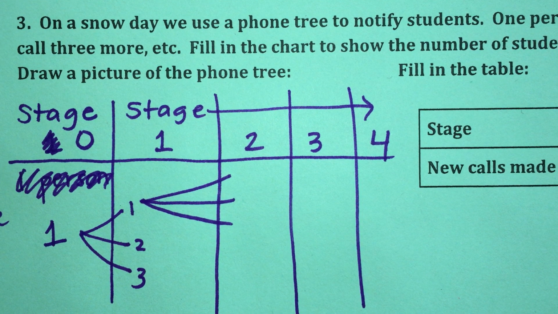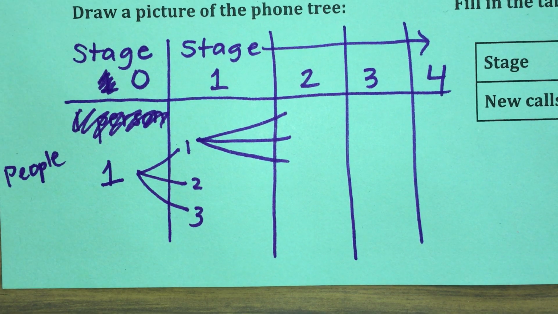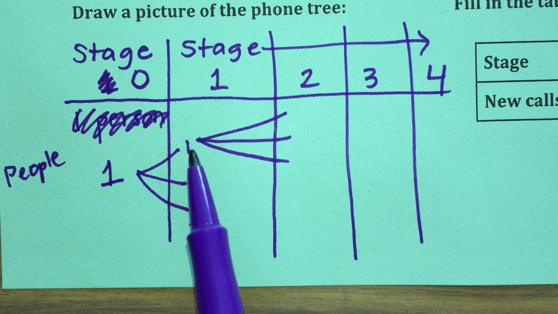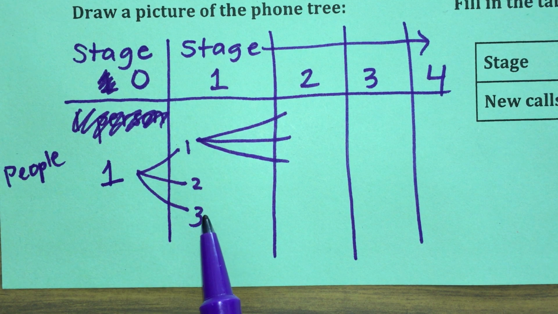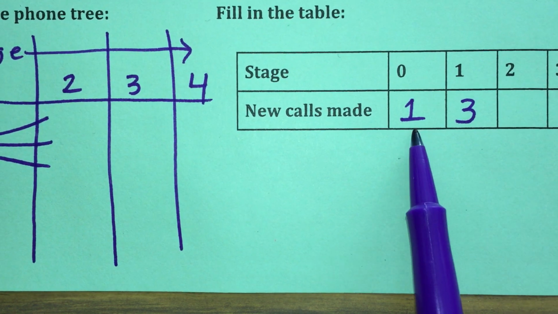I determined that stage 0 is the initial person getting called, because this has to start with somebody getting called. That corresponds to something to the 0 power is 1. So the number of people being called at stage 0 is 1. At stage 1, that one person calls 3 people. So we have 3 new calls. I filled in the table so far with a 1 and a 3.